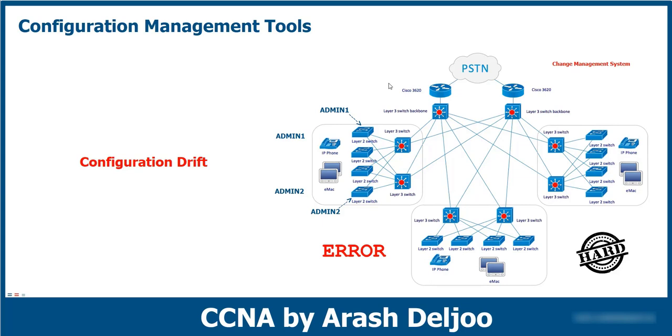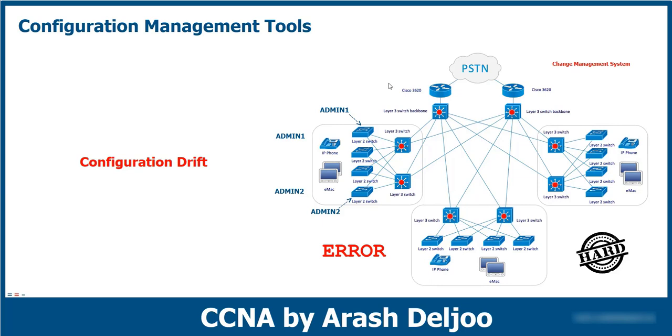Maybe you write the change on one paper and want to reflect this change in the change management system at another time, but for some reason you forget to update the change management system, or maybe the paper is lost and some other things.